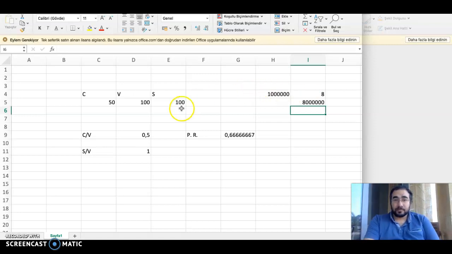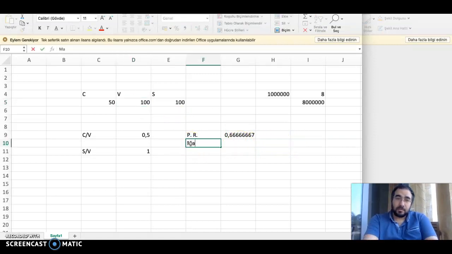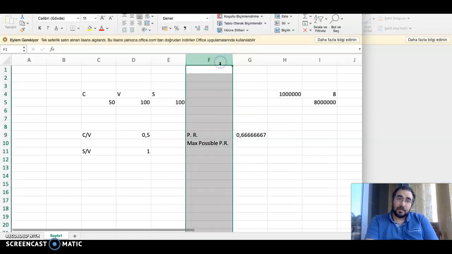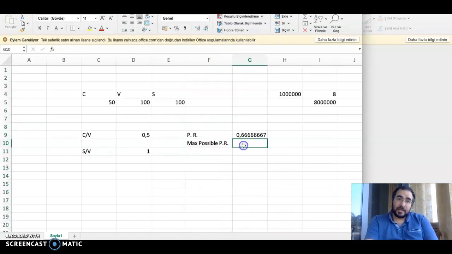In that case, V plus S will be 8 million labor hours. In this case, what will be the maximum possible profit rate? Maximum possible profit rate is V plus S divided by C. Why?